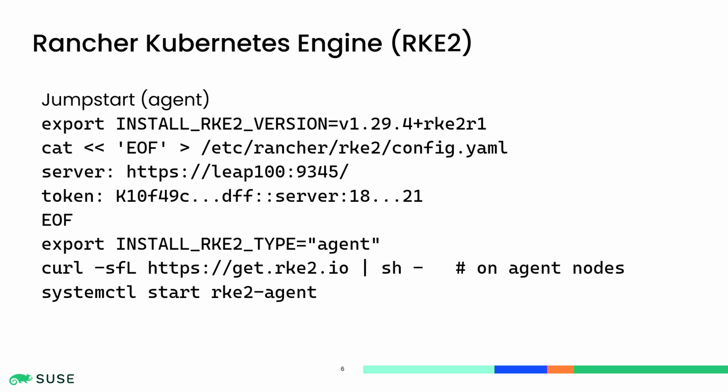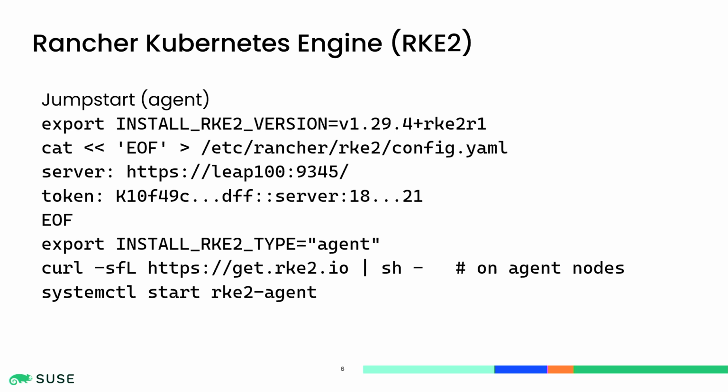Again the same command, but with other environment variables, and you can start it. While starting the RKE2 agent, it automatically connects using that file to the installed cluster server, to the installed control node, and gets up. That's it. You have a running Kubernetes cluster.